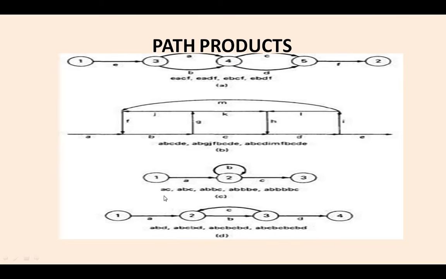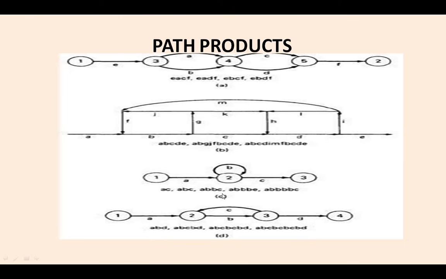Now coming to graph C, simply AC, ABC, ABBC, because B has a self loop, a self link. The self link can be counted multiple times, like ABC, ABBC, and ABBBC.